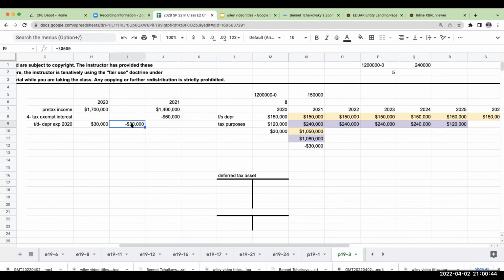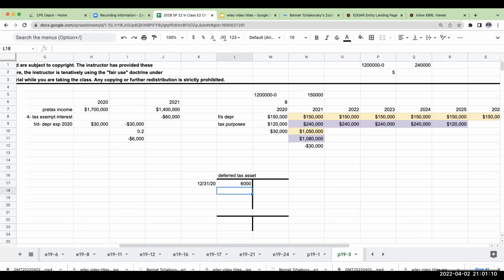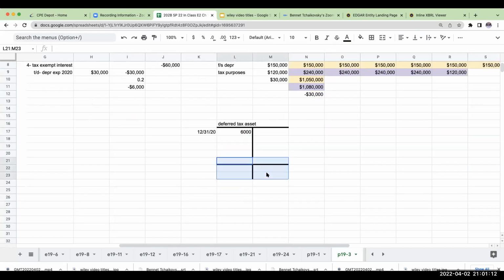The reason why this is so important is that I'm paying the taxes now, so this will be an add back. This is going to create a deferred tax asset for 2020. So when I take 30,000 times 0.2, I'm going to get a deferred tax asset as of 12/31/20, and this is going to be for $6,000.